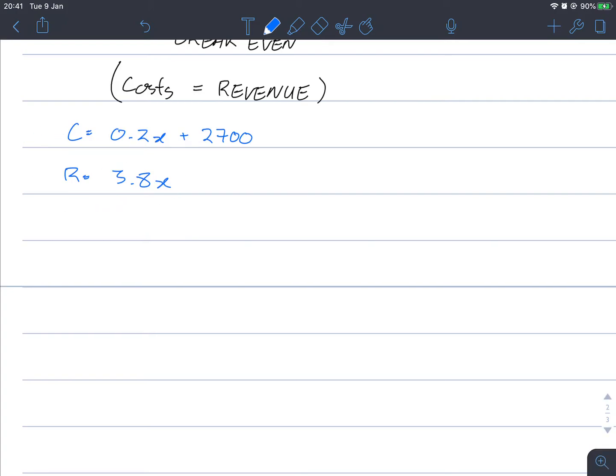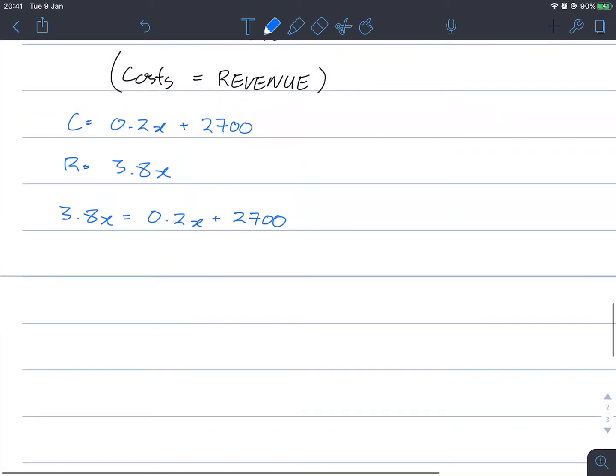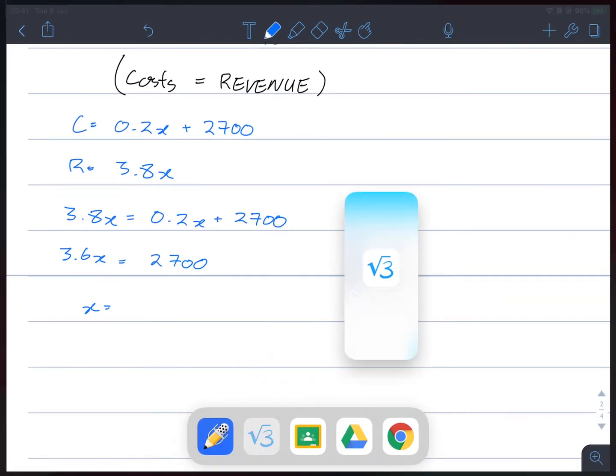So we let cost equal revenue, so it'll look like this, $3.80X. Here's my revenue. I'm going to let that equal to my costs. Okay, solving for X, we subtract 0.2 on both sides, we get $3.60X. Dividing both sides by $3.60.